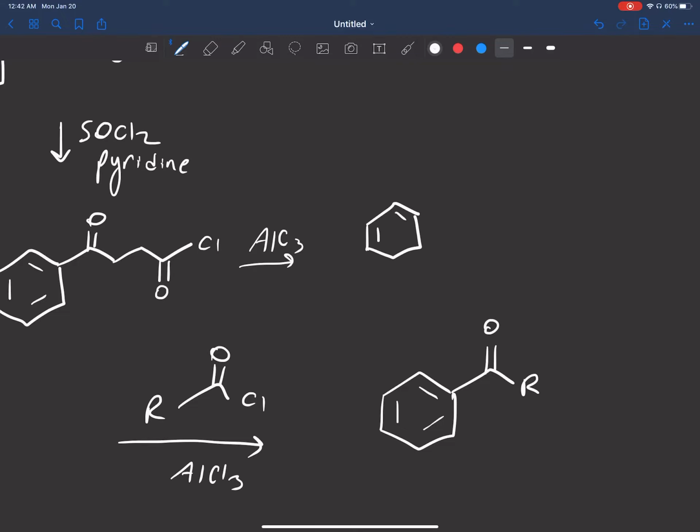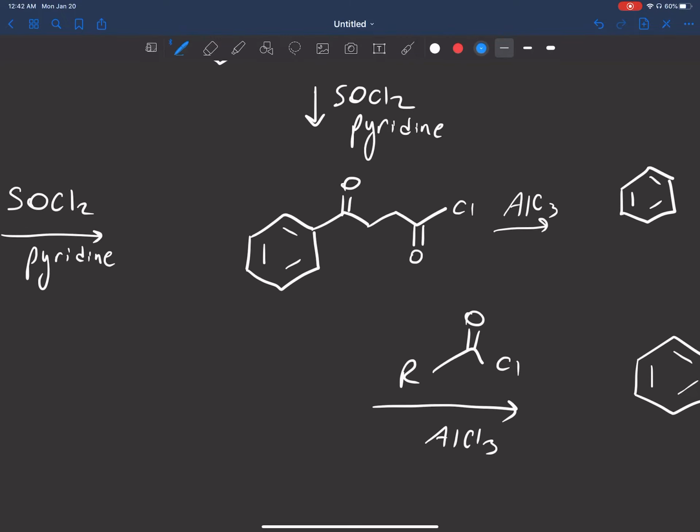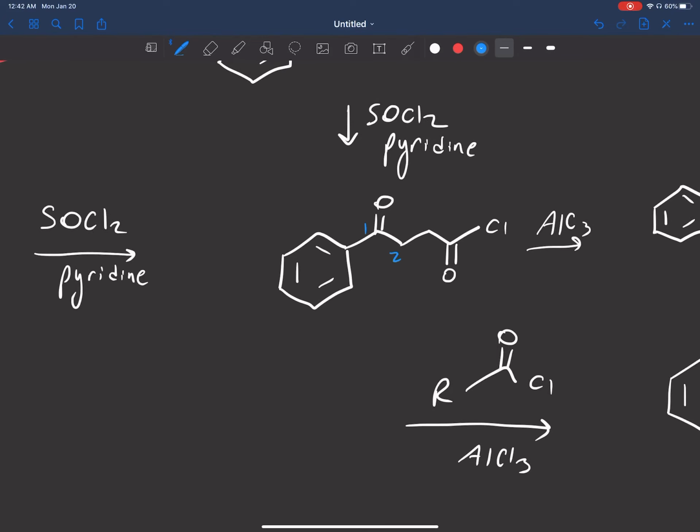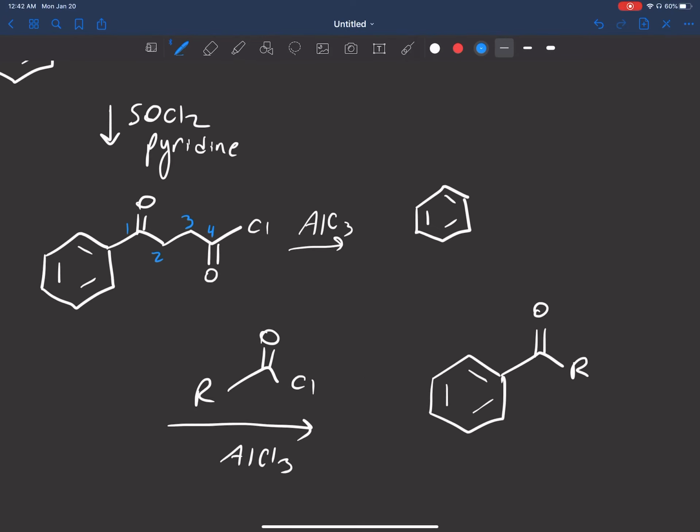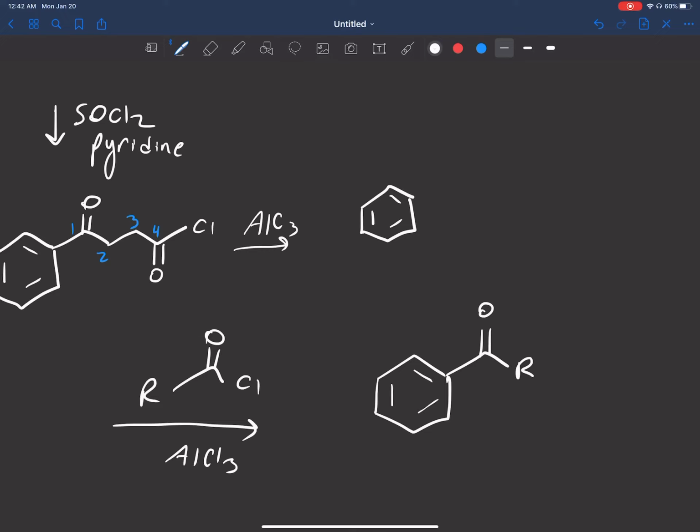So here's my benzene, and now what I want to do is count the carbons to be safe. 1, 2, 3, 4. All right, and what you're going to get is you're going to get this. 1, 2, 3. Oh, my bad.